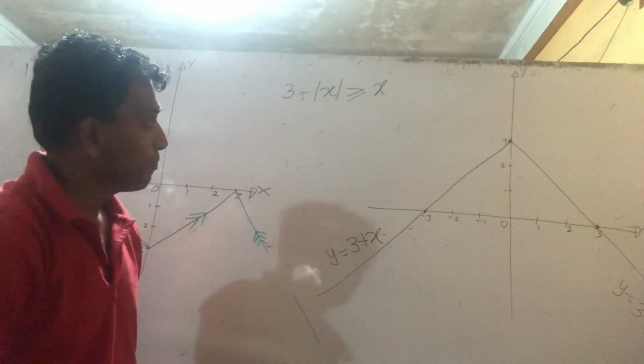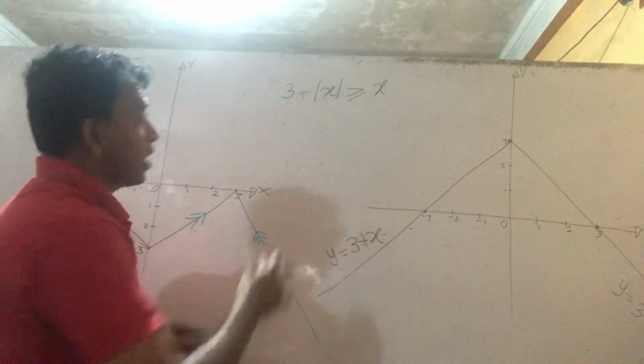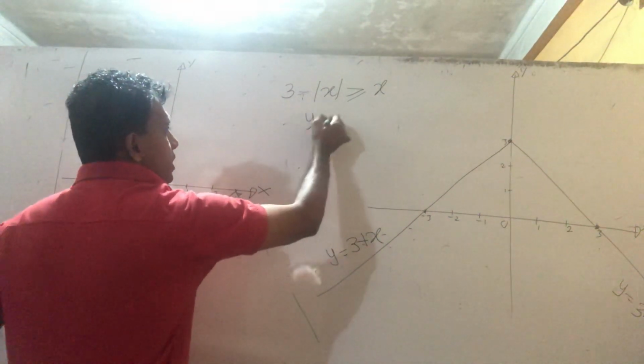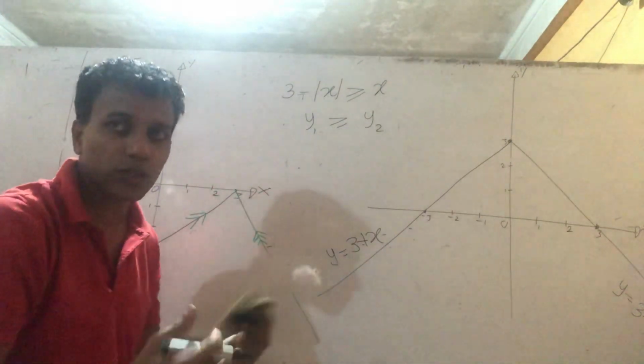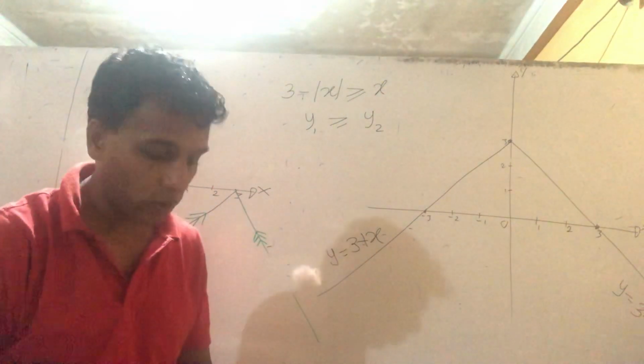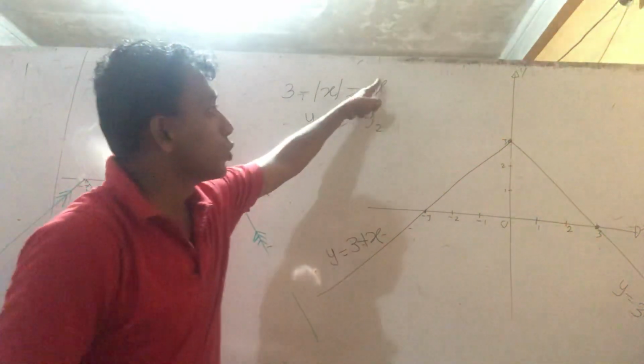Okay, this is the graph. Now this is a new part. If I call this y1 and this y2, explaining the method, there is no y1, y2, only x and y. Draw this graph also.